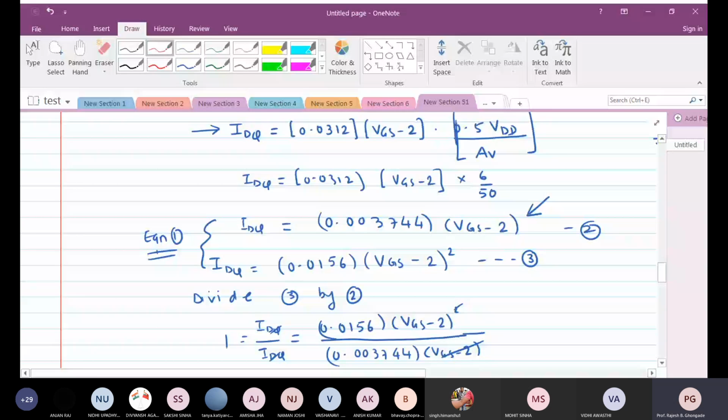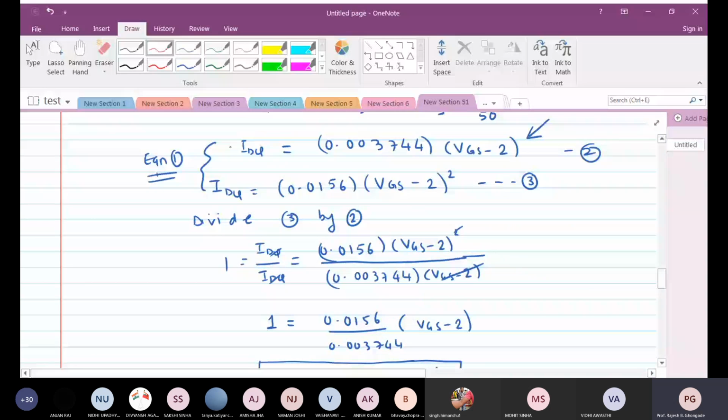So once I do that, I get an equation again for IDQ. So I have two equations for IDQ. You can see here equation 2 and equation 3. So divide equation 3 by 2, I can find out the value of VGSQ, which happens to be 2.24 volts.